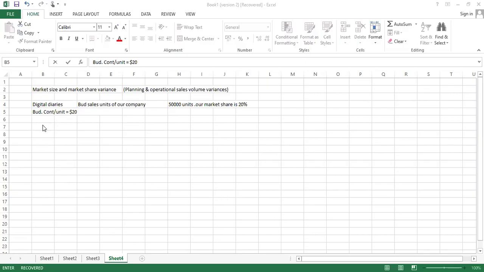As I told you, actual market size is 240,000 units or 240,000 diaries. Examiner will provide you data in this form.